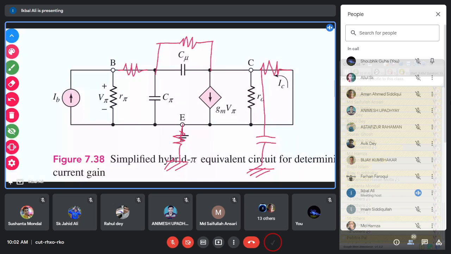So the circuit has been simplified. This is called the simplified hybrid equivalent model, where the circuit components are fewer and you can analyze this circuit. It is a simple one.